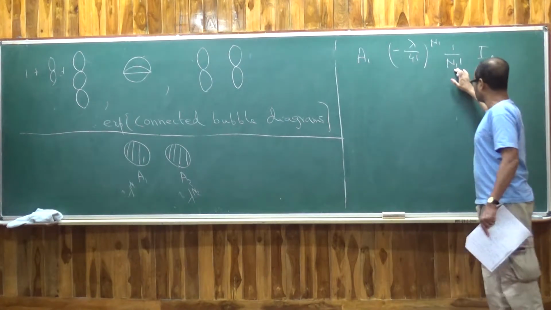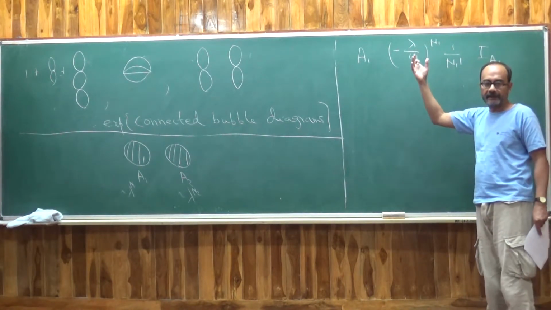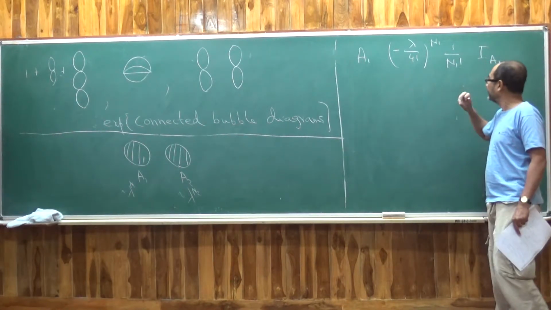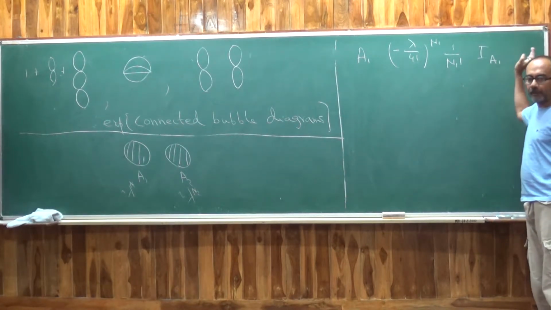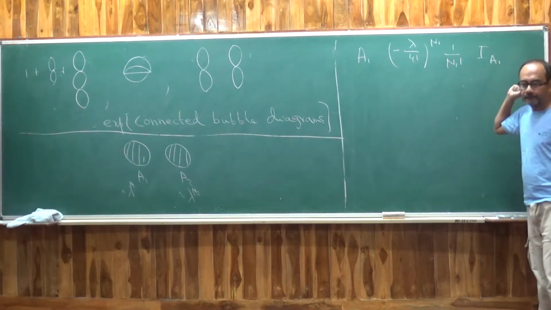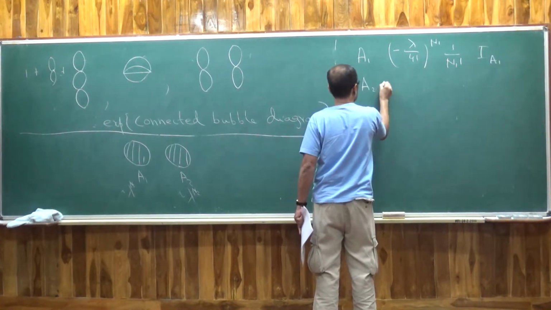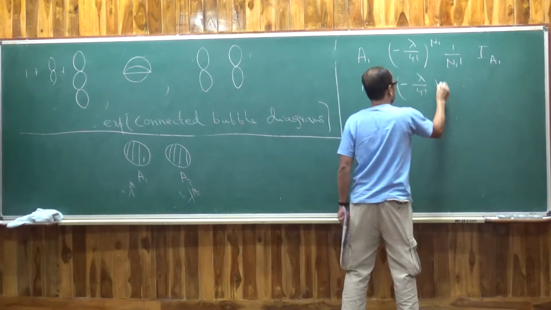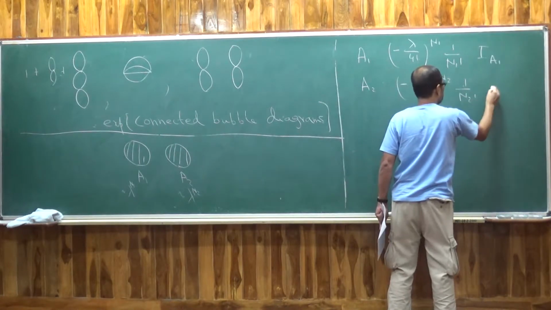The 1 over n1 factorial appears because this comes from the exponential of minus S_I expansion. Whatever is left I am calling I_A1; this contains the rest of the combinatorial factors and everything else. Similarly for A2, you have minus lambda over 4 factorial to the power n2, 1 over n2 factorial, I_A2.